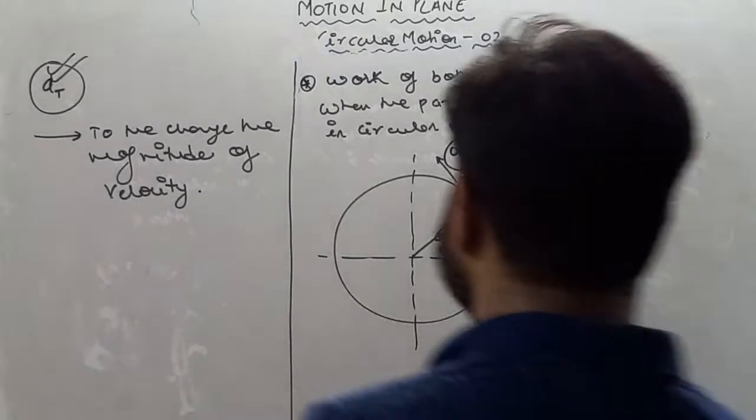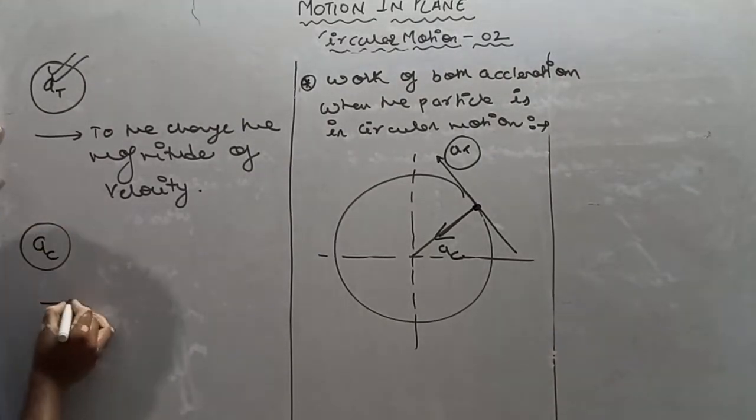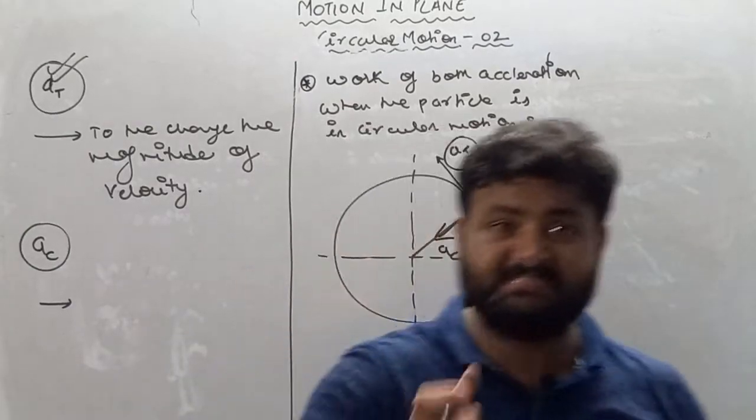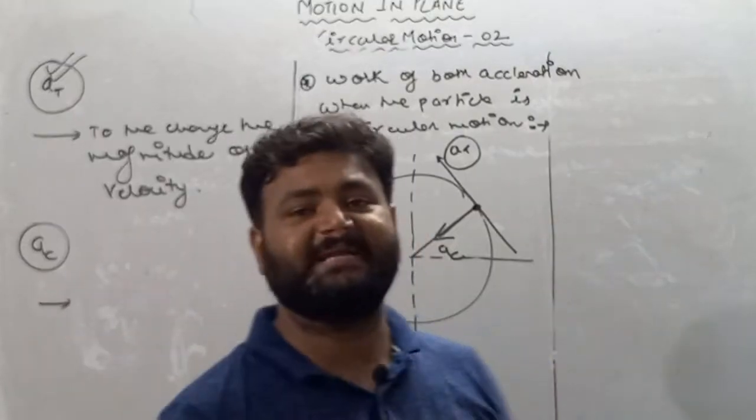Moving forward, my dear student, second is centripetal acceleration. See, centripetal acceleration works to change the direction of velocity when the particle is in circular motion.